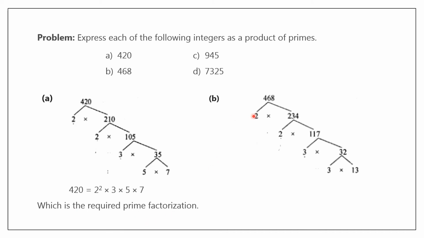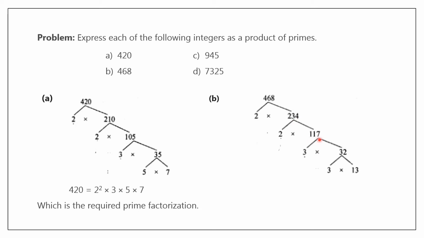Let us see with the number 468. 468 I can write as 2 into 234. Again 234 is a composite number. This can be written as 2 into 117.